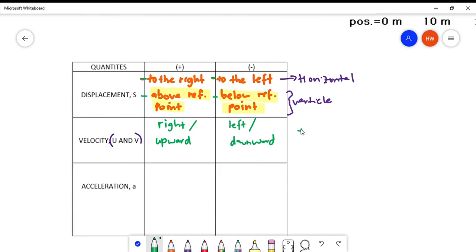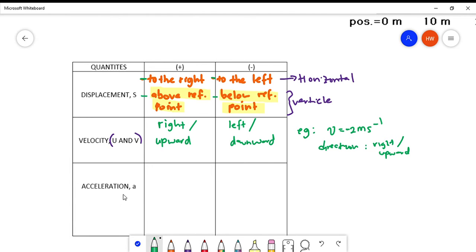So example, you have velocity equals to 2 meter per second. So the direction would be either right or upward depending on the question. So kalau ada negatif kat sini, take note that the direction is either left or downward.